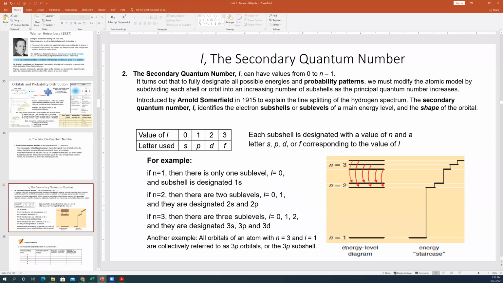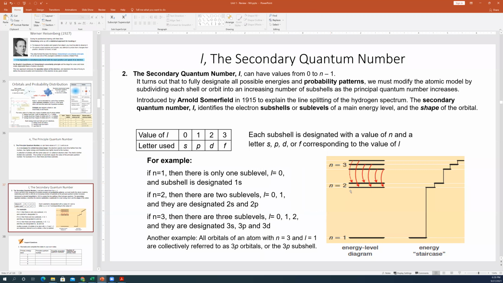If n is equal to 1, there's only one sublevel, so that's why you only see 1. When n is equal to 1, L is equal to 0. The relationship between n and L is that L has values from 0 to n minus 1. In this case, 1 minus 1 is 0, so you only have one sublevel.